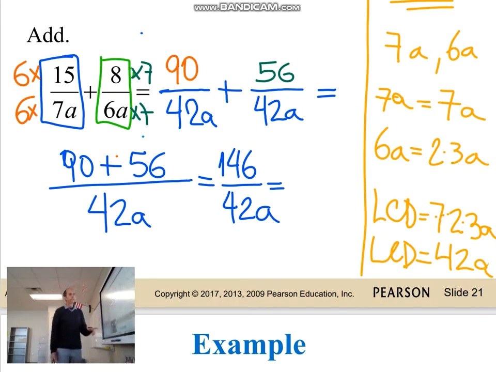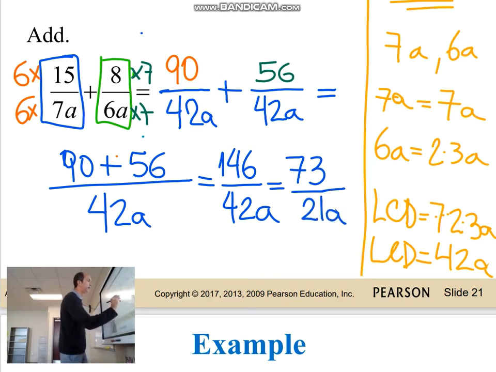At the end, don't forget, you need to simplify. If you can simplify, you have to simplify, and you can divide both numerator and denominator by 2, and then you have 73 over 21a. This is the final answer.